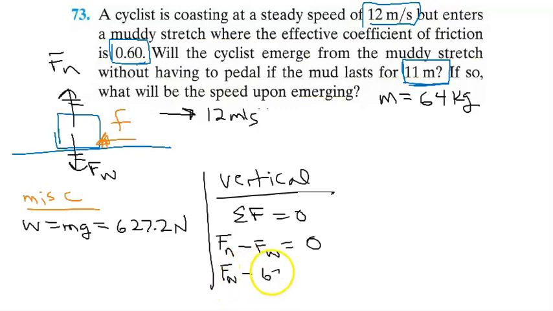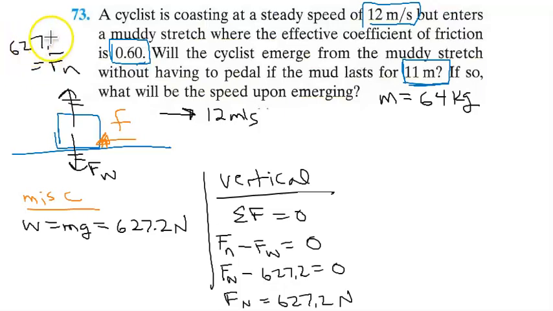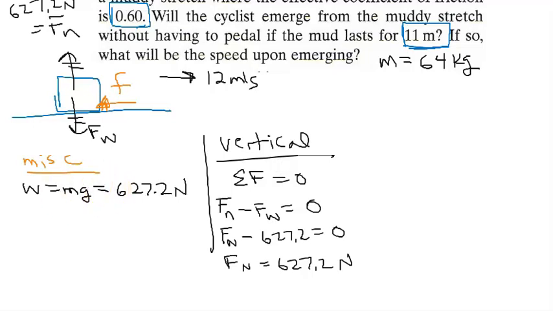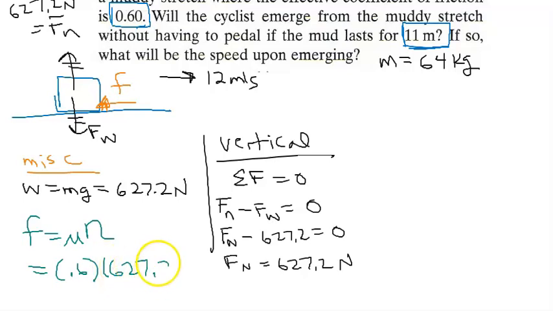Force of the normal minus 627.2 equals 0. So the normal force is 627.2 newtons. Okay. Once you know the normal force in the miscellaneous column, let's calculate friction. So 0.6 times 627.2 is 376.32.